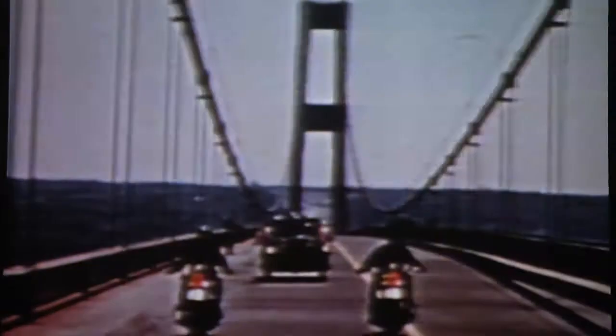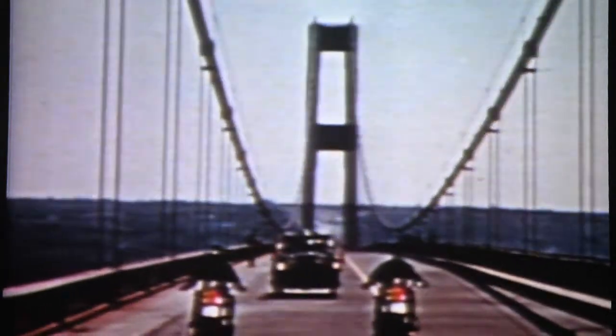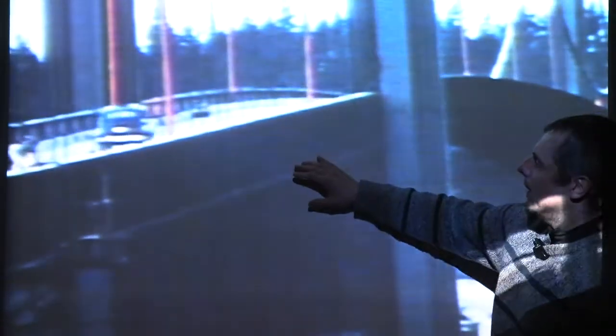So the Tacoma Narrows Bridge in California opened on July 1st, 1940. Just 4 months later, it had collapsed. Right from the start, the bridge showed signs of being problematic. Notice the bouncing. In fact, many people refused to drive over it.